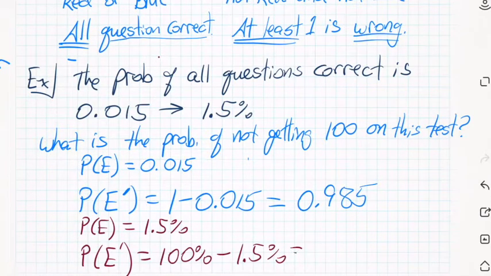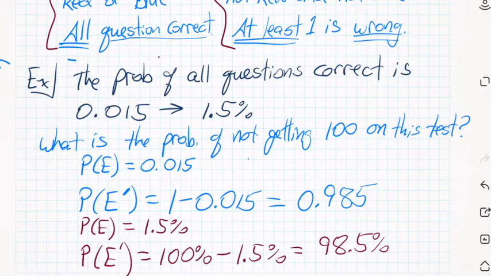And the answer is going to be 98.5%. It's just, instead of subtracting from 1, now you're subtracting from 100. So that's how you're going to use complements when your statements are one thing and you're looking for the complement side. So generally what will happen is the probability will ask you for the complement, and you have to go find the probability of its statement first before you can even find the probability of a complement.